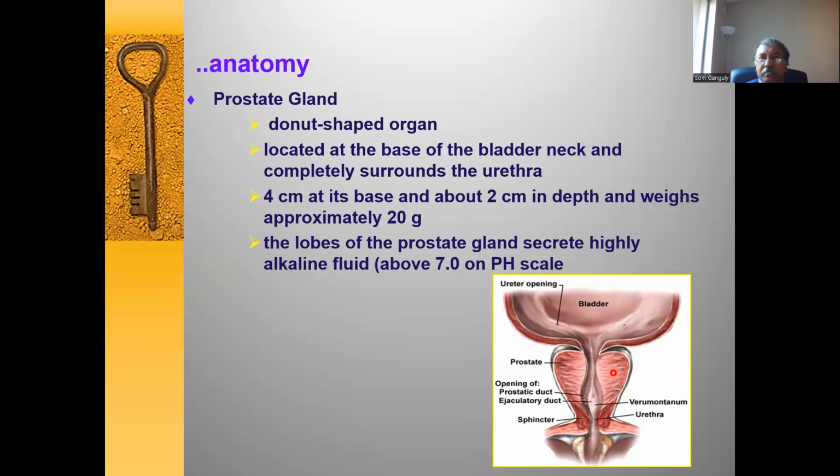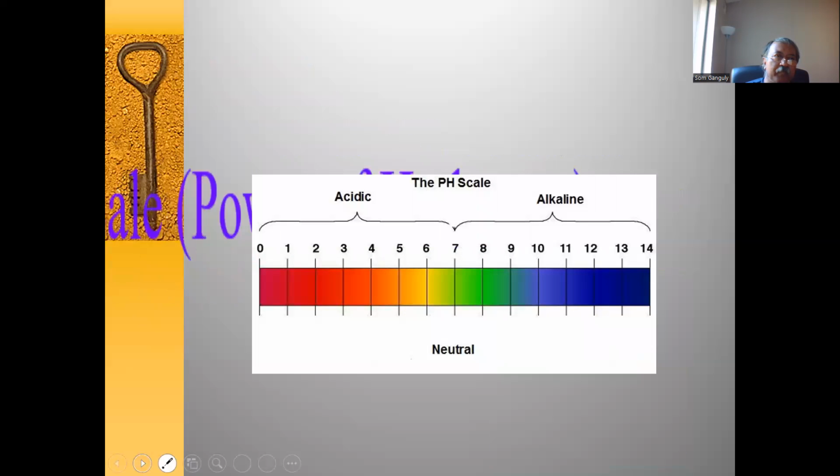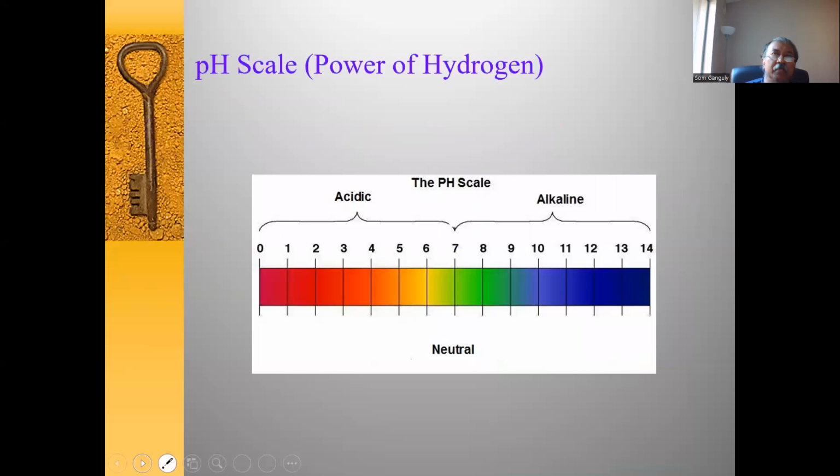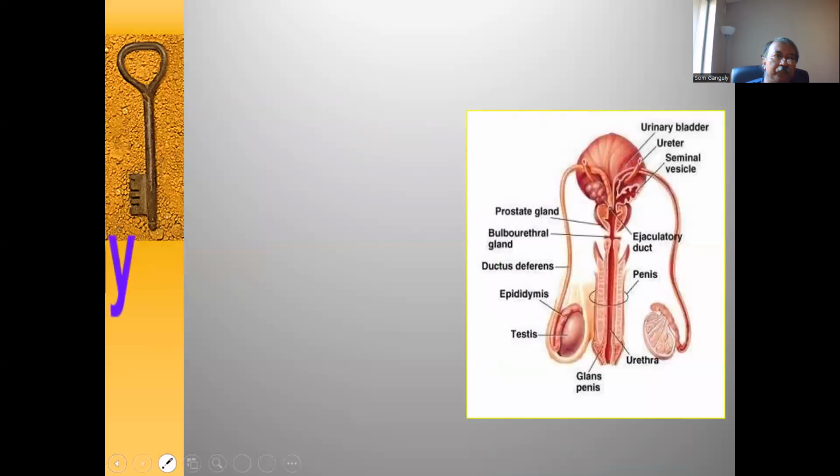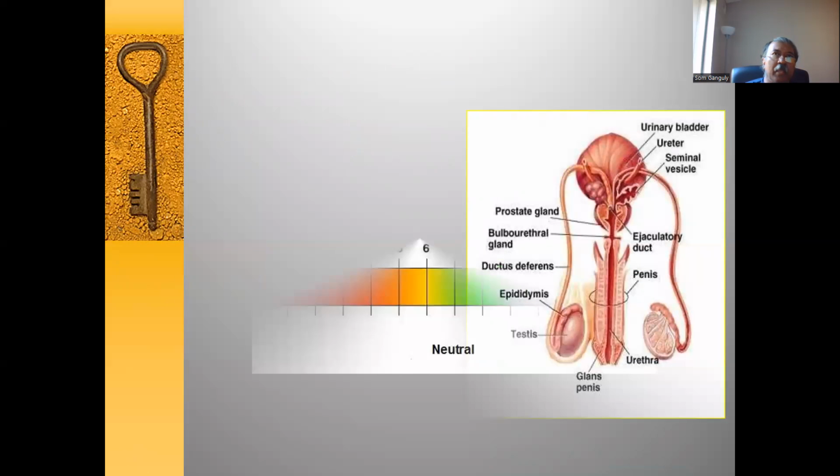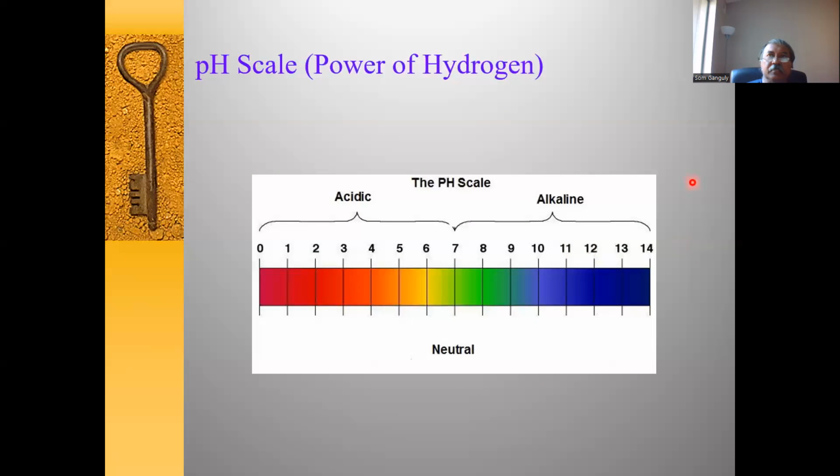And the prostate gland secretes this alkaline fluid to keep the sperm alive. Sperm requires alkaline fluid, and that is one of the reasons sperm is produced and stored outside of the body in the scrotum.